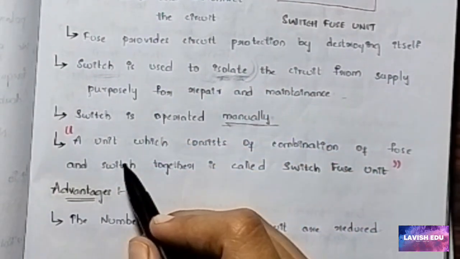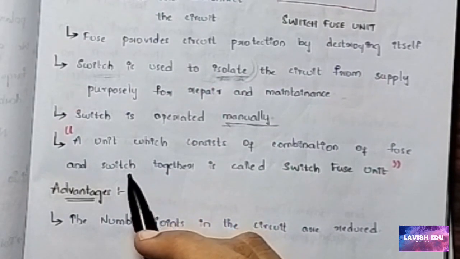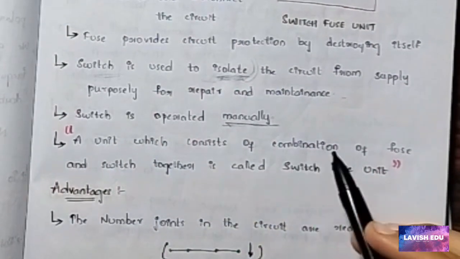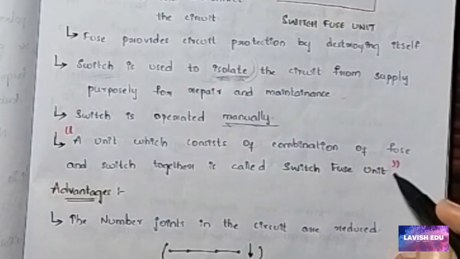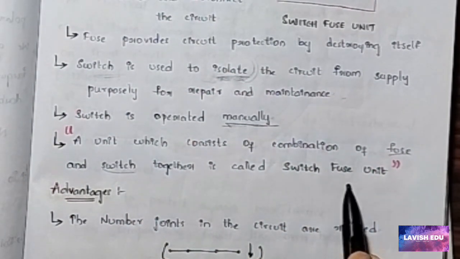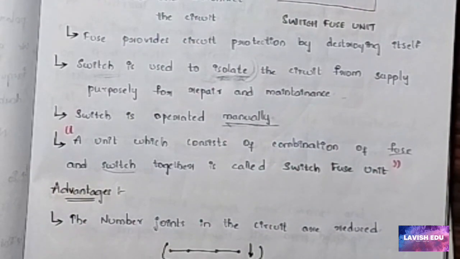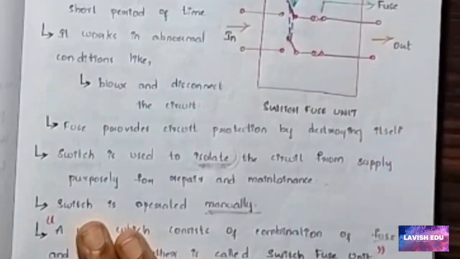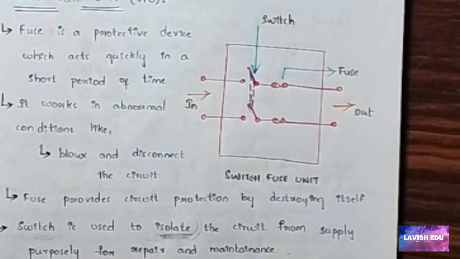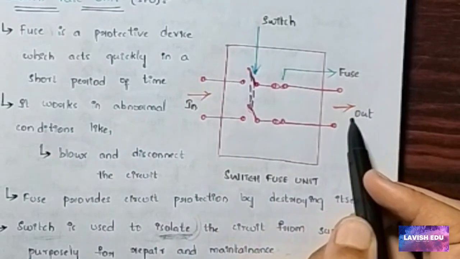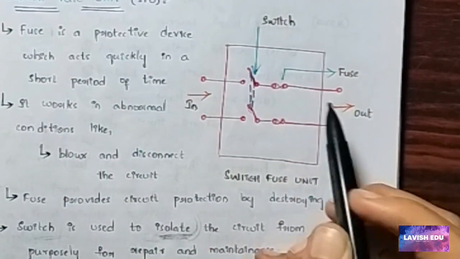Next, the main definition of the switch fuse unit: a unit which consists of the combination of a fuse and a switch together is called a switch fuse unit. This is the practical diagram of the switch fuse unit. Here we give the input current, and here it passes the output current.